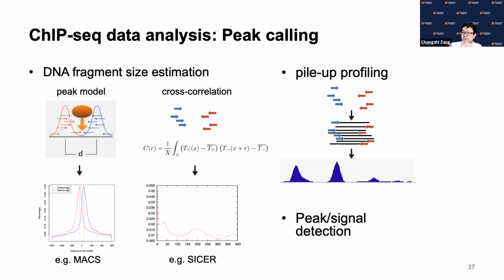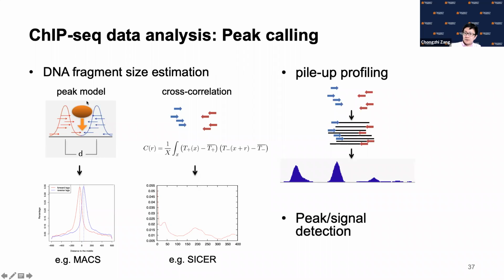So in this case, we want to retrieve the whole DNA fragments from the end sequence reads. There are two types of approaches. One is to design a peak model that is used in one of the most commonly used ChIP-seq analysis tools, MACS.